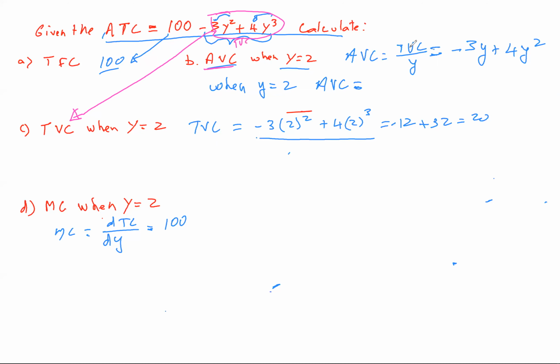So the average variable cost is, of course, total variable cost divided by y.